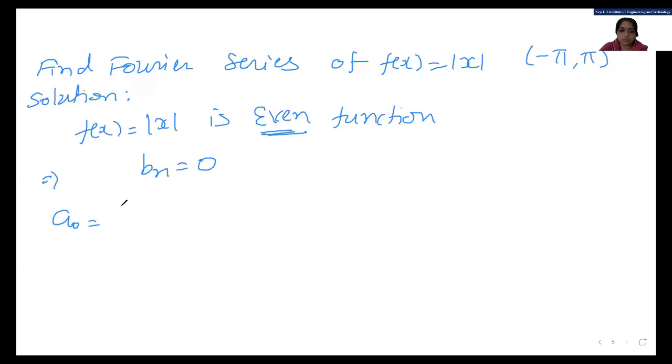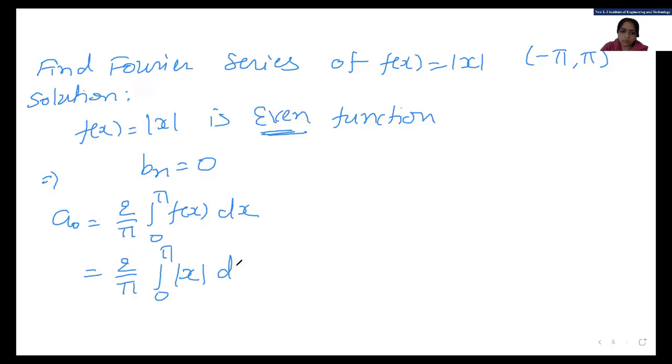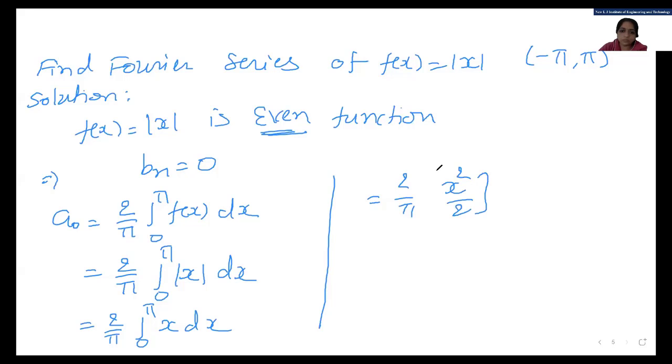So a0, the formula for a0 is 2 by pi, 0 to pi, f of x dx. Okay, so 2 by pi, 0 to pi, here mod x is x, mod x dx. So 2 by pi, here 0 to pi x dx. So 2 by pi, integration of x is x square by 2, and limits are 0 to pi.